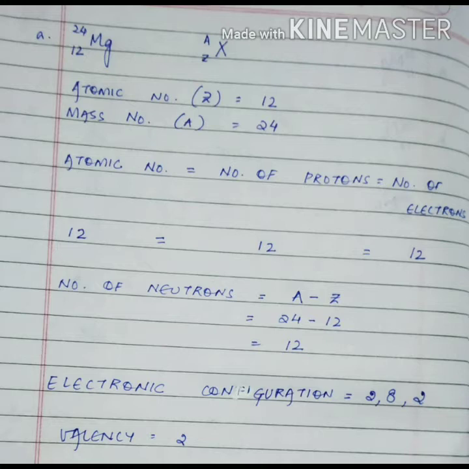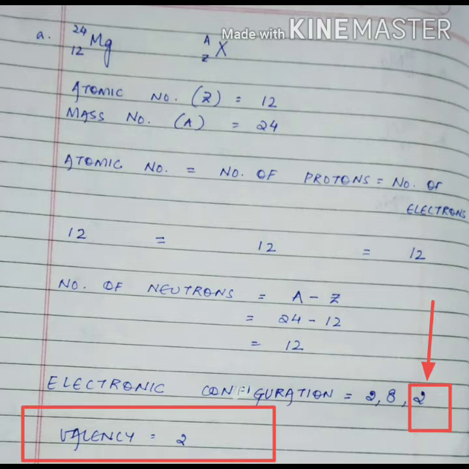Now we come to the most important part of today's lesson. Just see the last orbit. How many electrons are there? 2. So if the last orbit has 2 electrons, then the valency of magnesium is also 2.